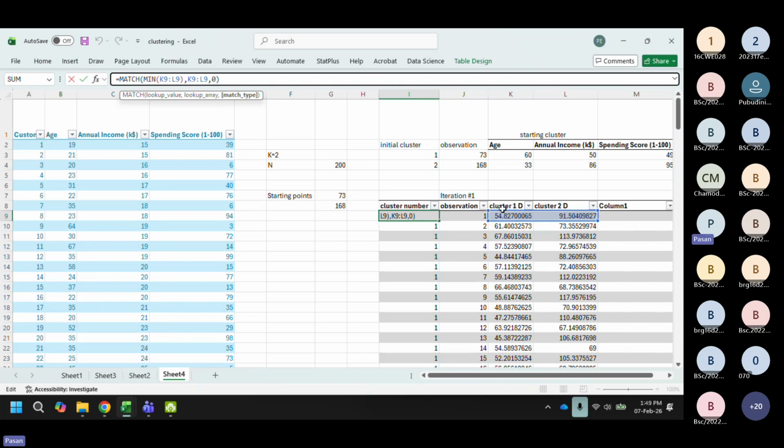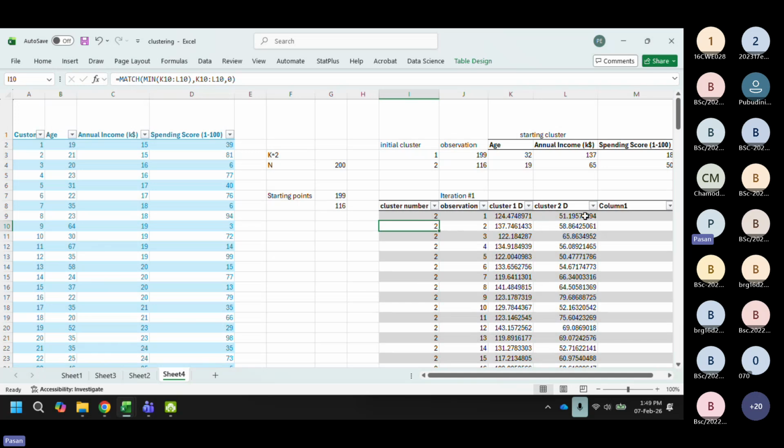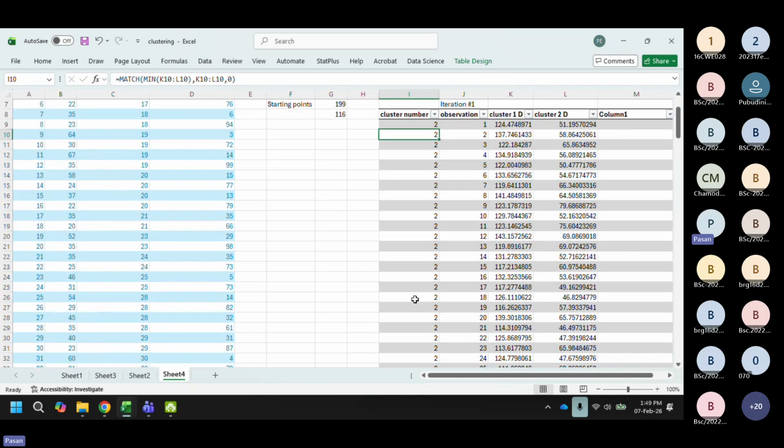That is whether it is cluster one or cluster two. So we are taking the minimum out of them, finding out whether it is cluster one or cluster two, and putting that number there, right? That is what we are trying to do, by checking each one and deciding which cluster it is.